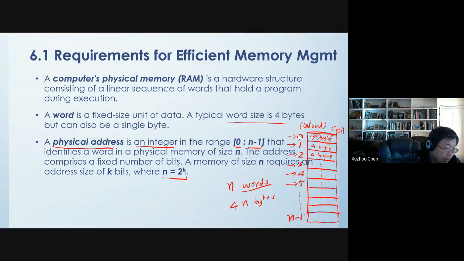So the address consists of a fixed number of bits, because the memory address is organized as 1, 2, 3, 4, up to n minus 1, but this number is also represented using binary numbers. So the computer uses a certain number of bits to represent an address. Suppose the address uses k bits.